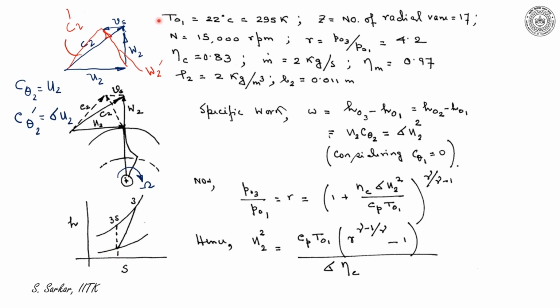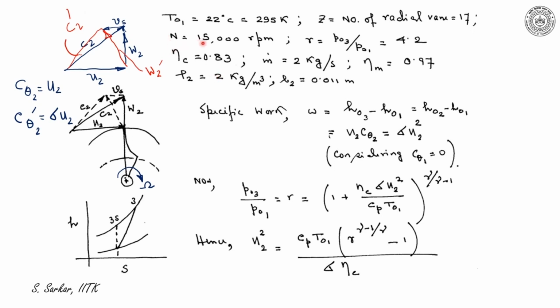Now, if you come to the problem, the statements are: T01, total temperature at inlet, equal to 22 degrees Celsius, that is 295 K. Number of radial vanes, denoted by Z here, is equal to 17.